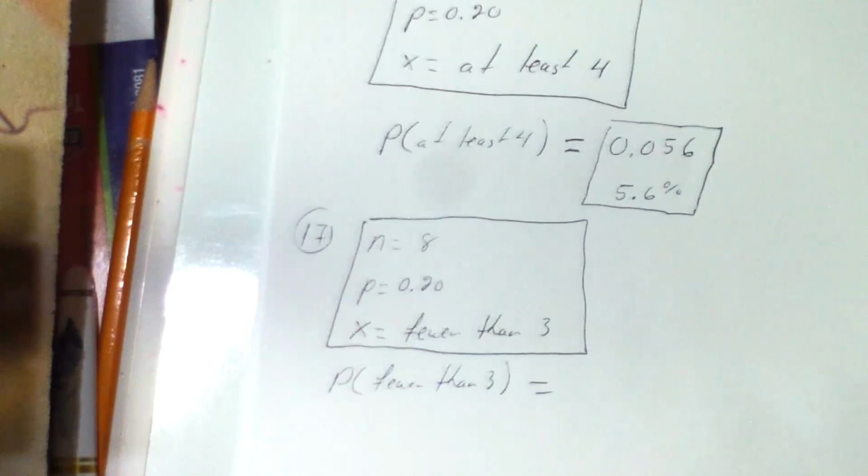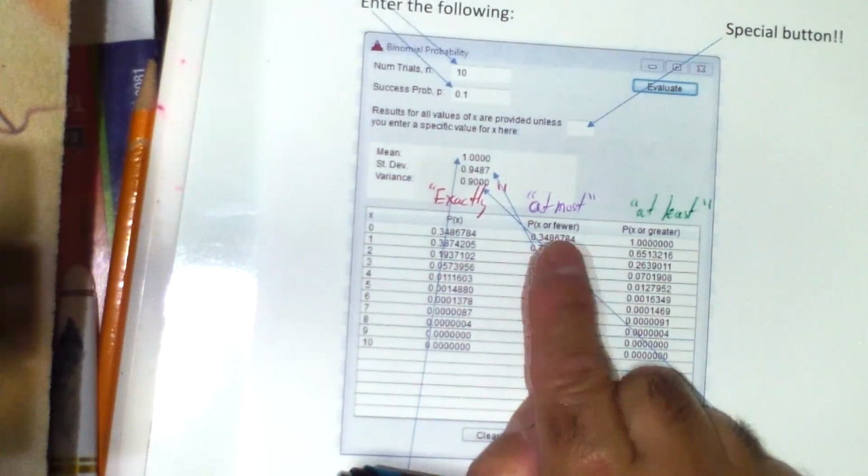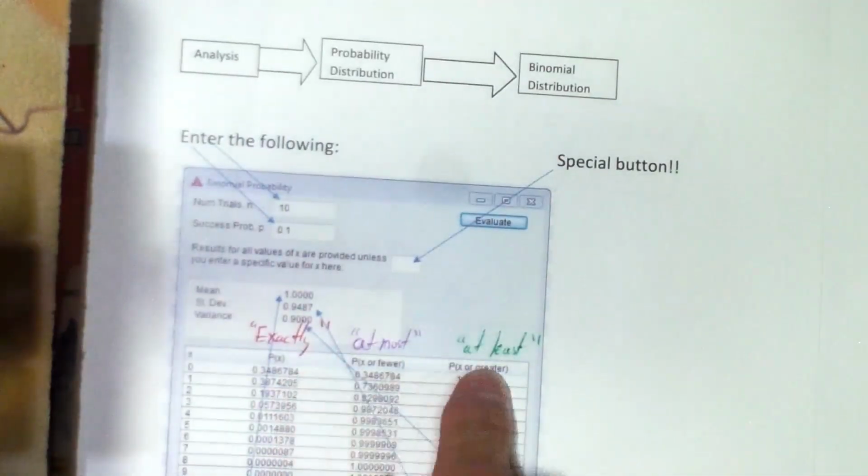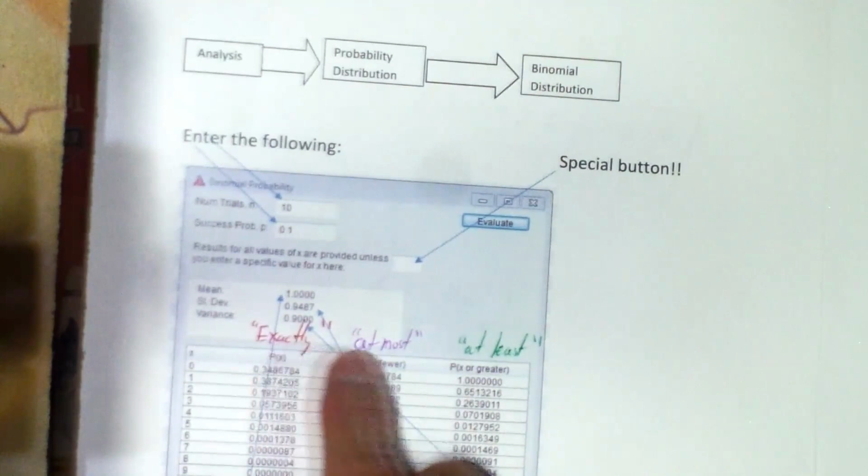Now, if you recall, I don't think I have fewer than 3 on my sheet. I do have x for fewer, but I don't have fewer than 3. It has to say those exact words, and it's not on the titles.